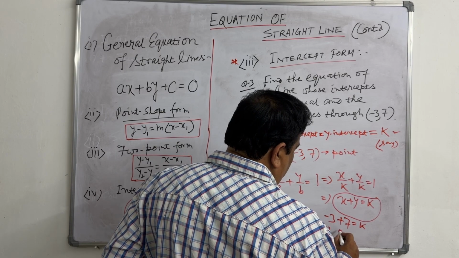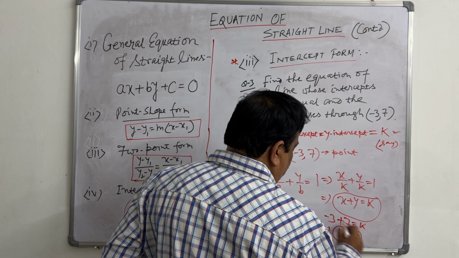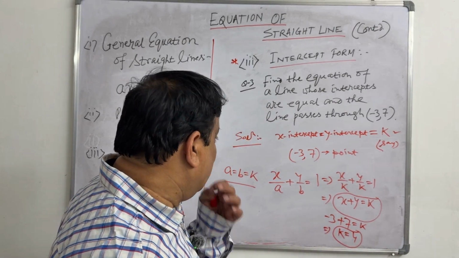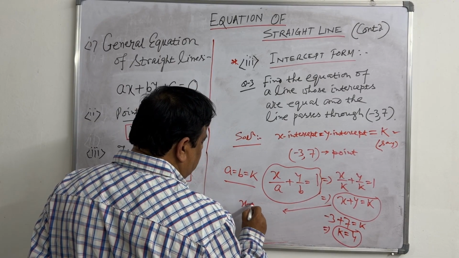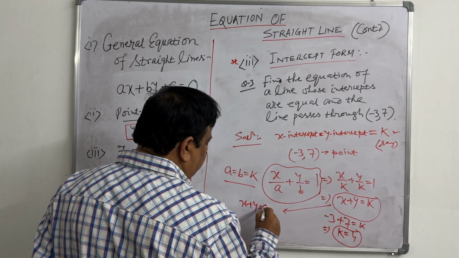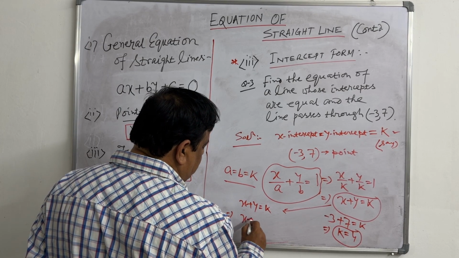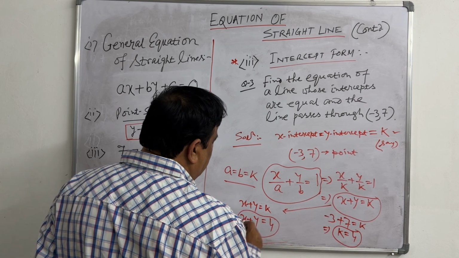So what is the value of k? That is 4. So k is 4. Is it clear? Then what is the ultimate equation? x plus y is equal to k. So the final equation is x plus y is equal to 4. So this is the answer.